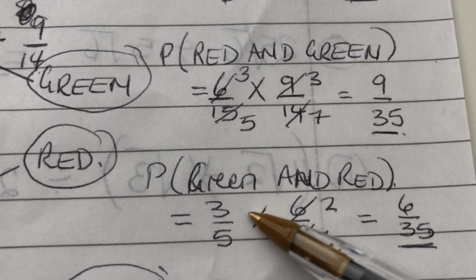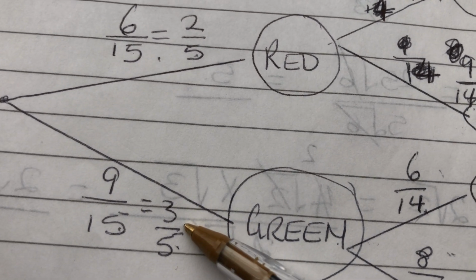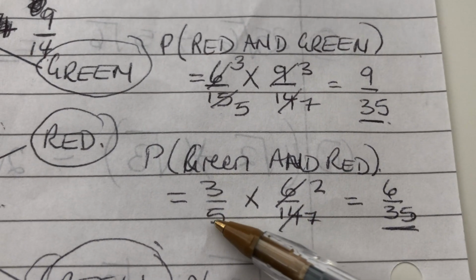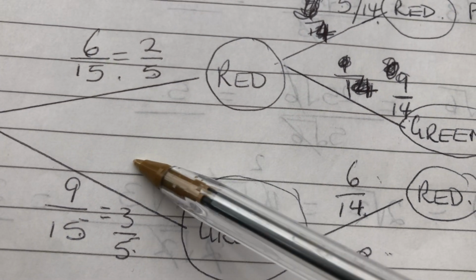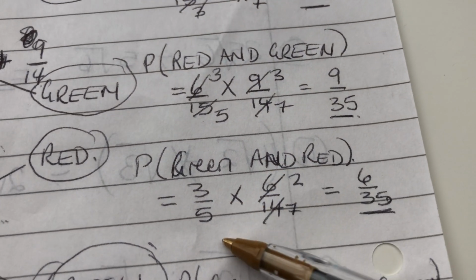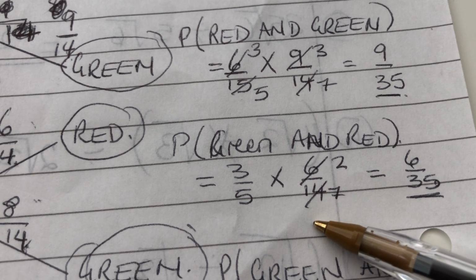Now a green first and a red. So a green 9 out of 15 and a red 6 out of 14. I've reduced the 9 out of 15 to 3 over 5. So 3 over 5 times 6 out of 14.